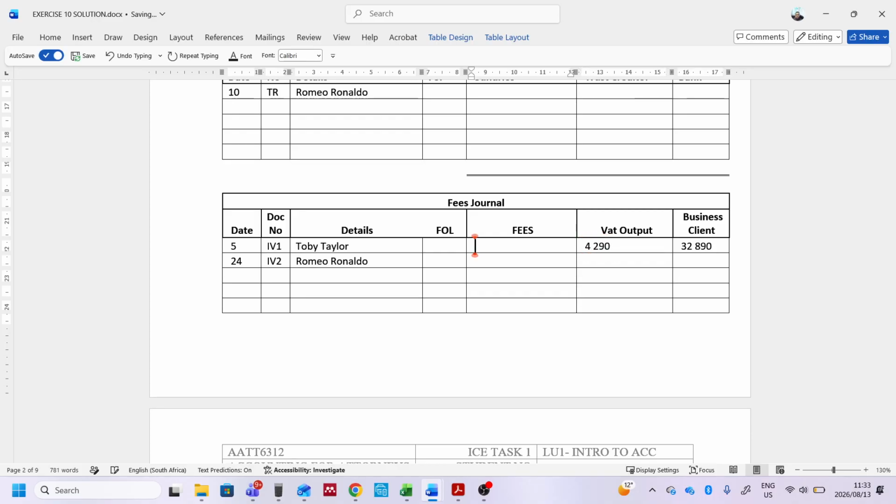And then the fees, is it 28,600? So you are just transferring everything that you have from your accounting equation to here. Any questions? Is this one complicated? It's not complicated, right? Okay.